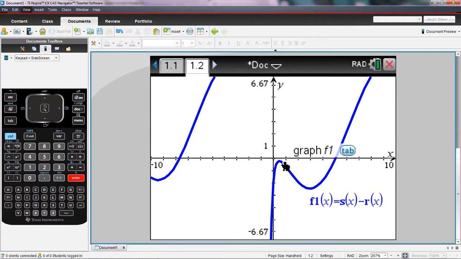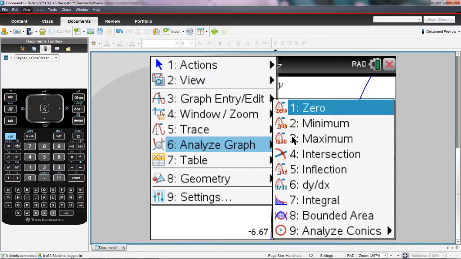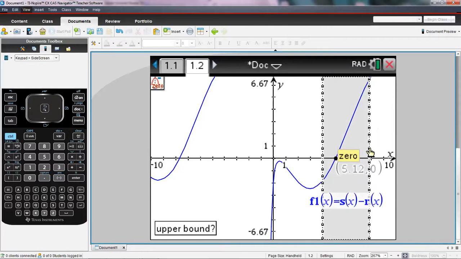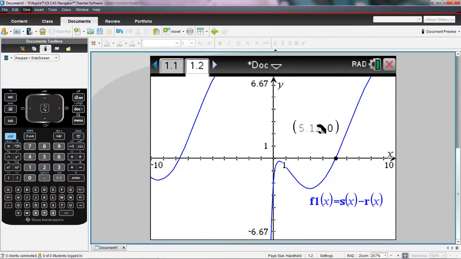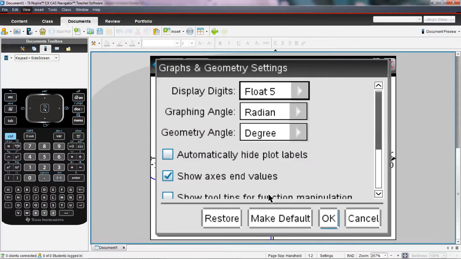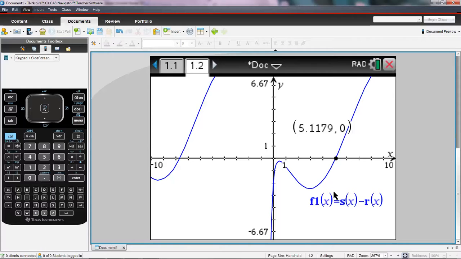I have to find where this crosses the x-axis or the time axis. So it's here, you see? So menu, analyze graph, zero. I can put my value here. And remember, if I need more decimals, I just go menu, settings, and put the float a little bit higher. And then I'm going to get 5.179.